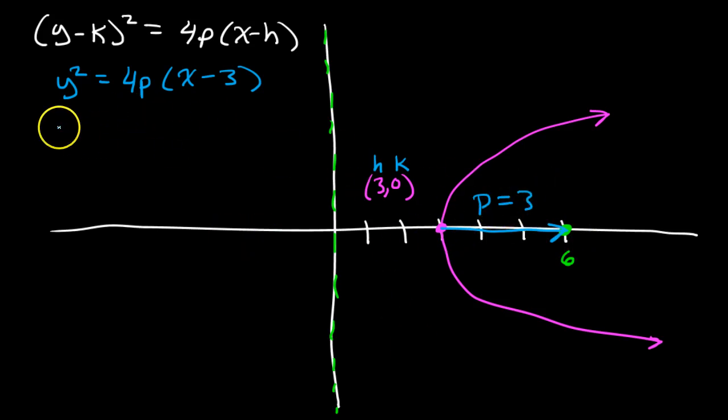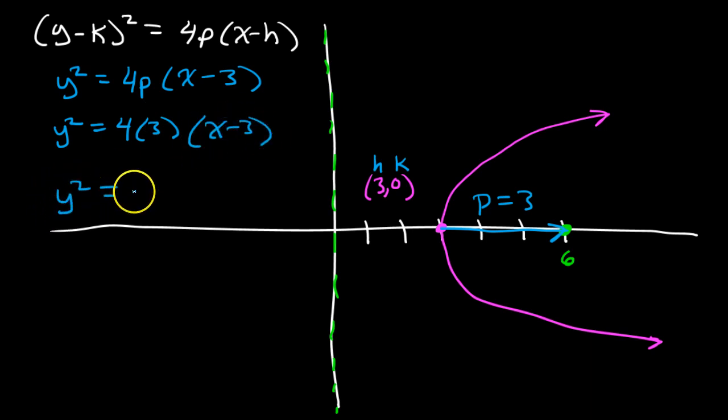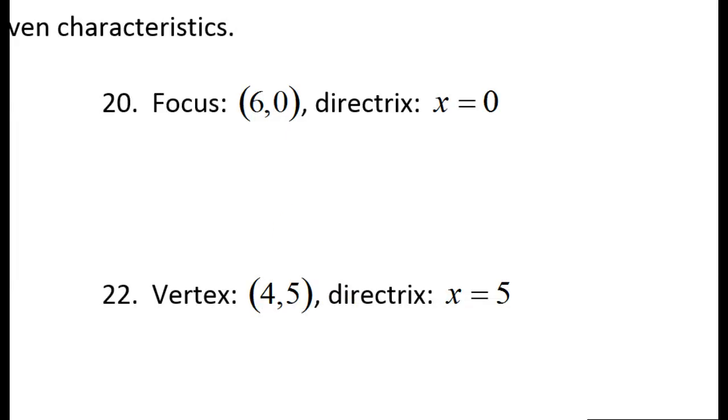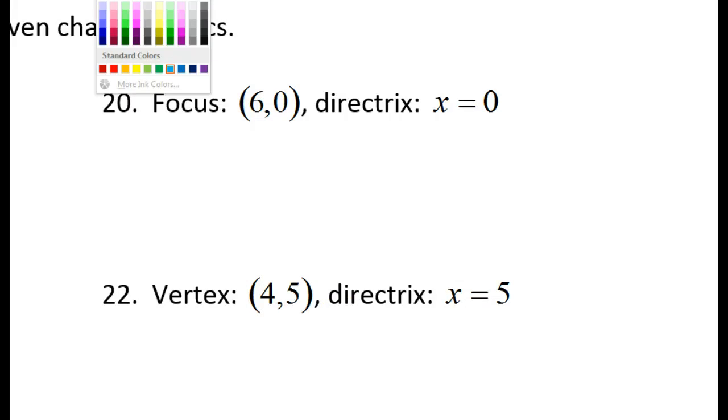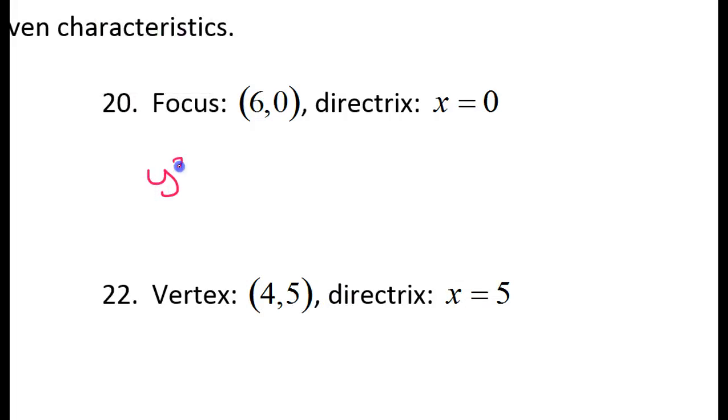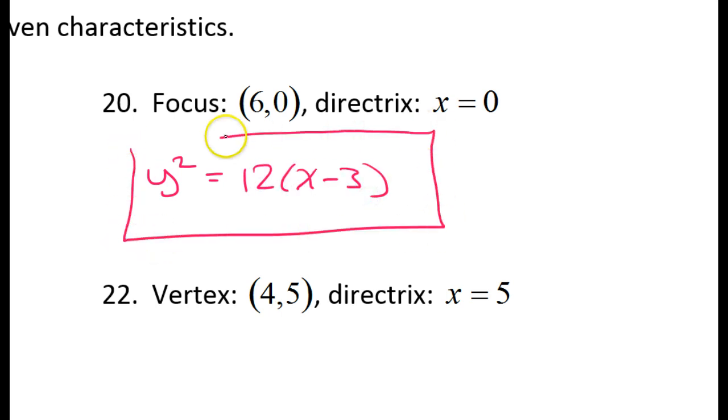Since p is positive 3, substituting that back into the equation, then that'll be 4 times 3 times x minus 3. So we have y squared is equal to 12 times x minus 3. And that is it for number 20, standard form equation.